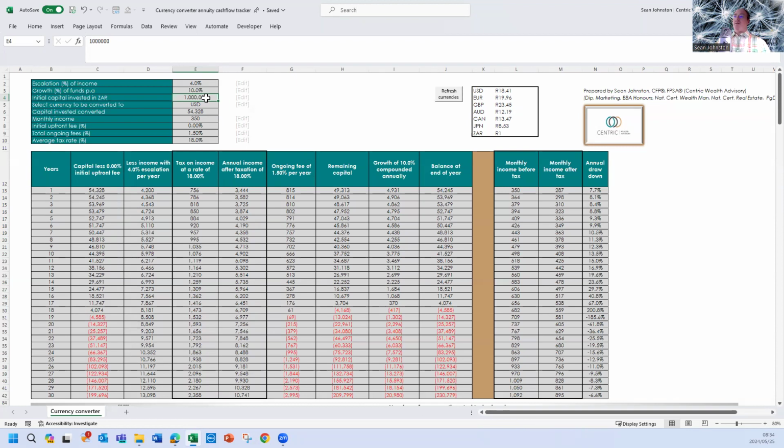Because yes, R1 million looks great in South Africa, but in the US, $54,328 would probably get you a lot less in terms of purchasing power. Obviously relative. If you were to look at what you could purchase for R1 million in South Africa, you could purchase a property in South Africa for R1 million.